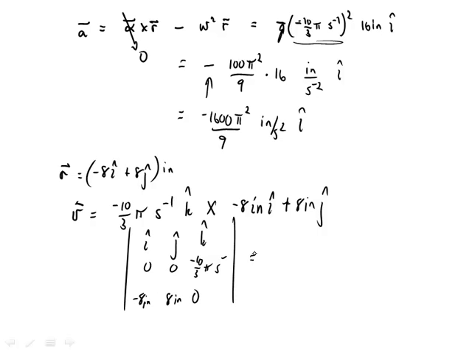So when I do that cross product, I'm going to get minus 80 over 3 pi inches per second. That's in the I hat direction.